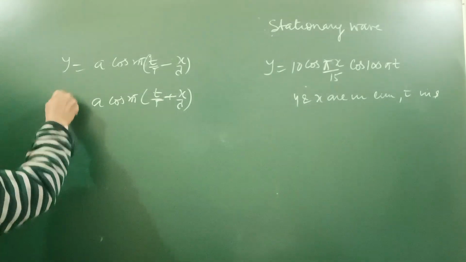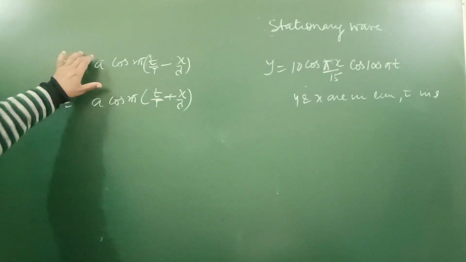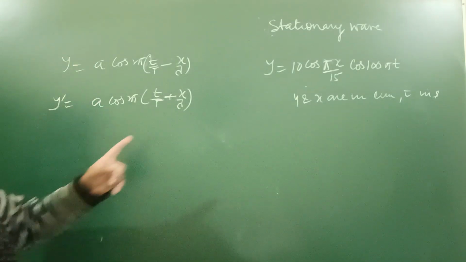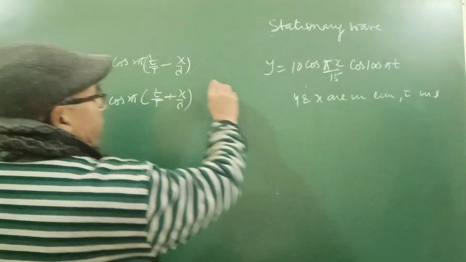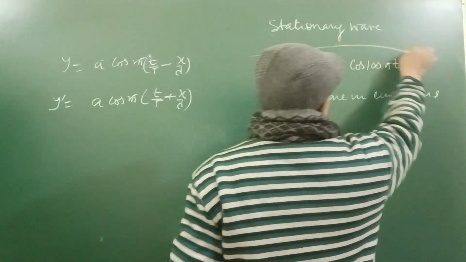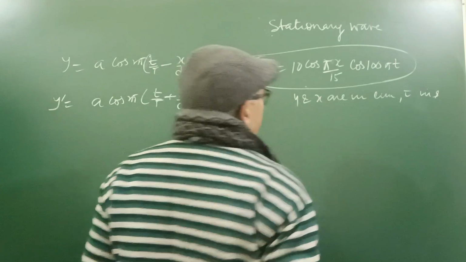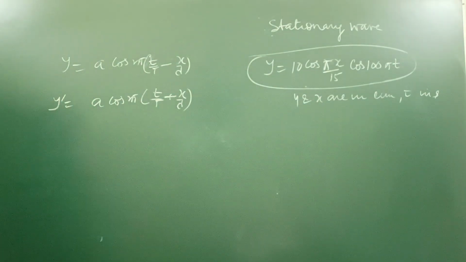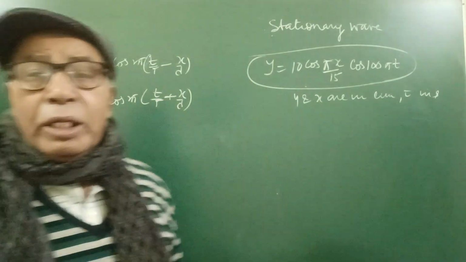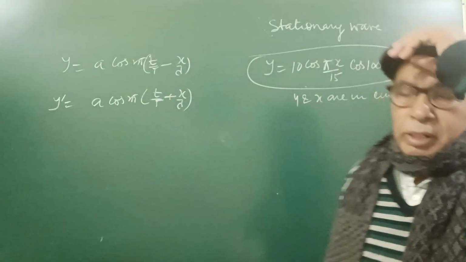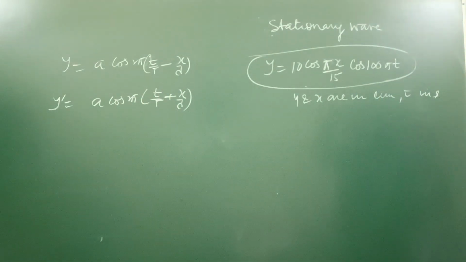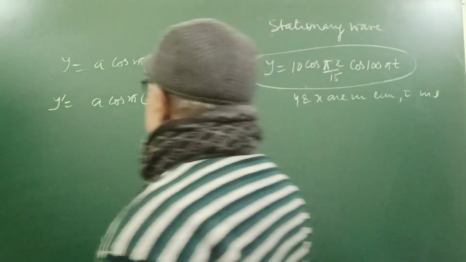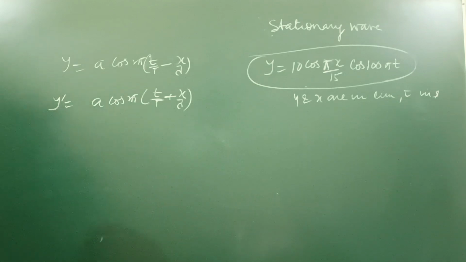And if y and y dash superimpose, then cos C plus cos D. So this indicates that this wave is formed in a bound medium whose boundaries at the two ends are free.